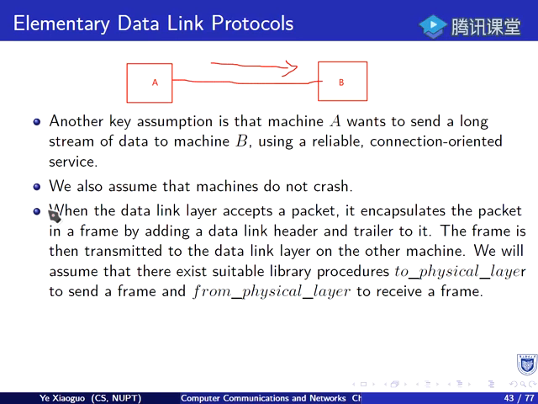When the data link layer accepts a packet, it encapsulates the packet in a frame by adding a data link header and a trailer to it. The frame is then transmitted to the data link layer on the other machine.